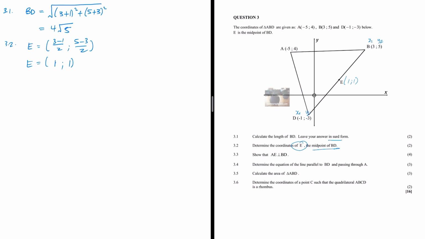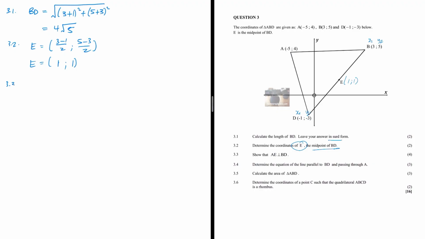If the product of the gradients is minus 1, then it's perpendicular. So for 3.3, the gradient of AE is going to be, let's go with 4 plus 3 over minus 5 plus 1. And that's 7 over minus 4.